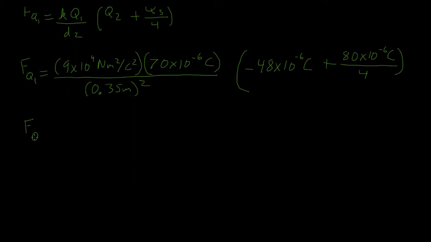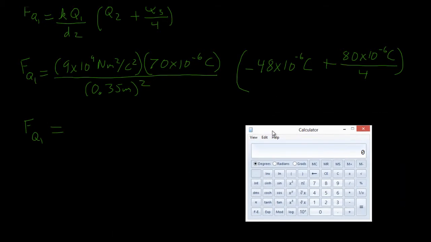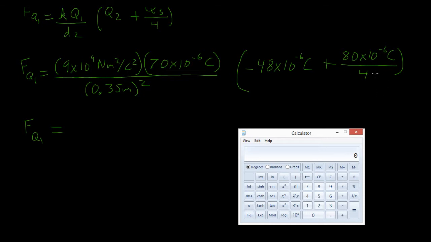Okay, so the net force on Q1 will be, and I'm going to start out in this set of parentheses with this fraction. I need 80 with an exponent of negative 6, and I need to divide that by 4 equals, and then I'm going to add a negative 48 with an exponent of negative 6. So plus 48, but that's negative, with an exponent of negative 6 equals.